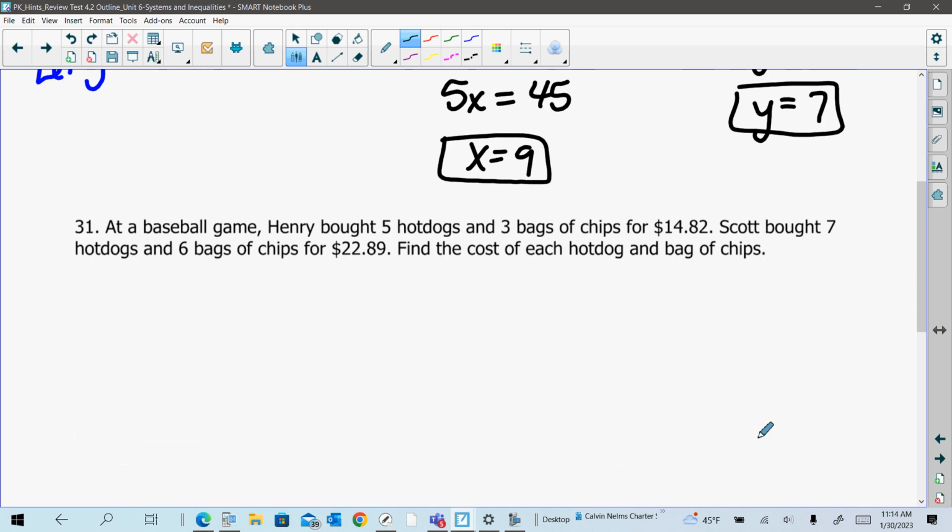So on 31, what could your X represent and your Y represent? Your X could be your hot dogs. Your Y could be your bags of chips.